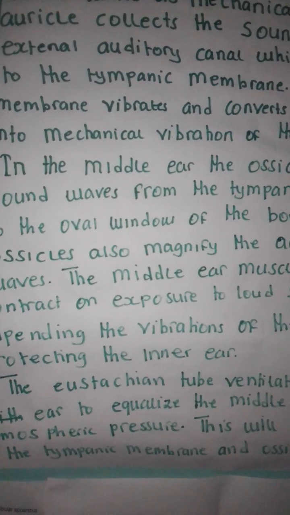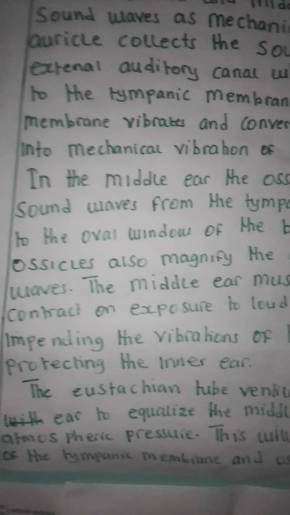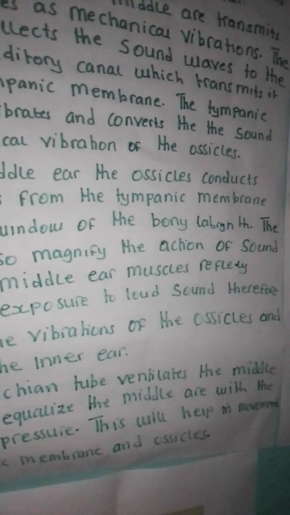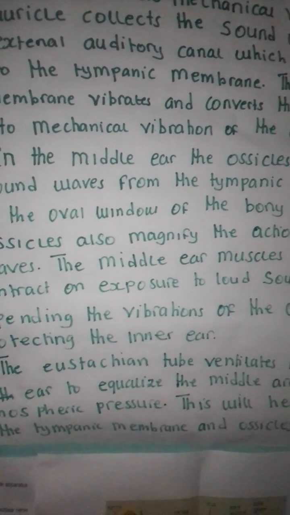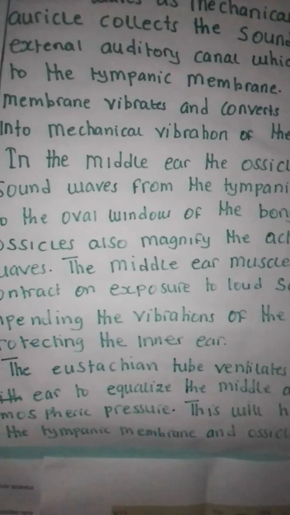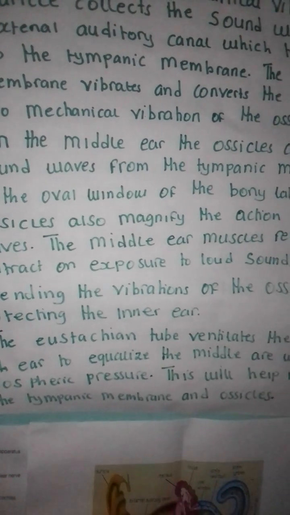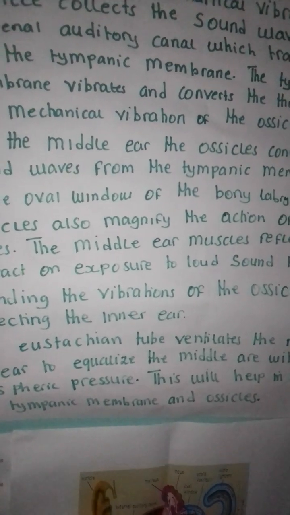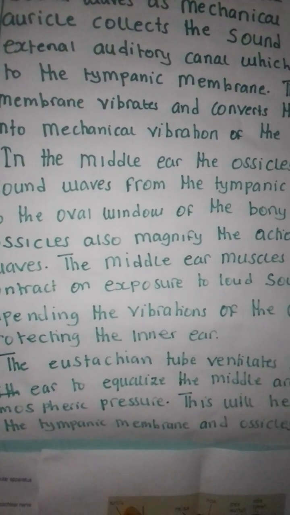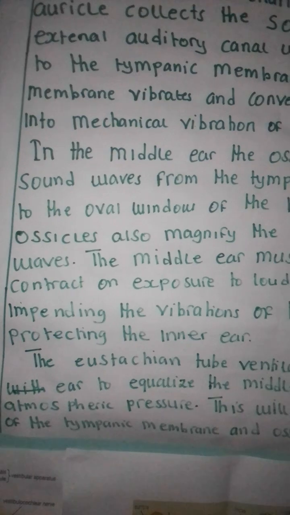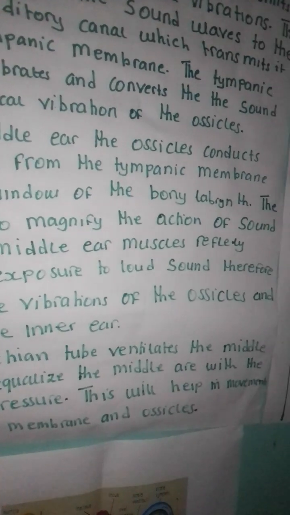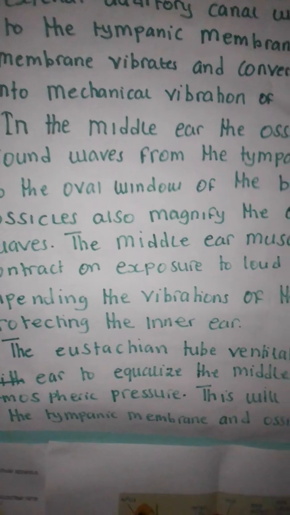In the middle ear, the ossicles conduct the sound waves from the tympanic membrane to the oval window of the bony labyrinth. Ossicles also magnify the action of sound waves. The middle ear muscles reflexively contract on exposure to loud sound, therefore impeding the vibrations of the ossicles and protecting the inner ear.